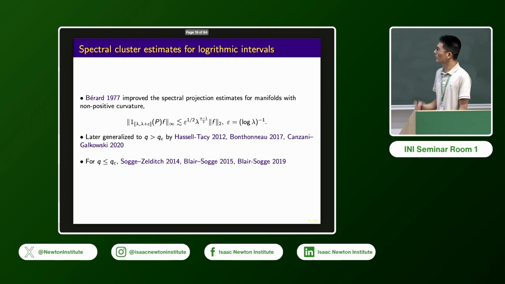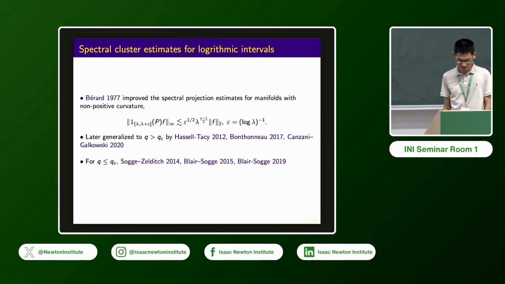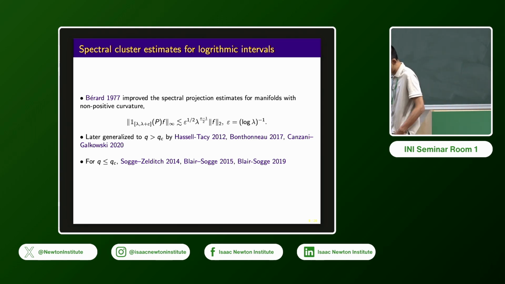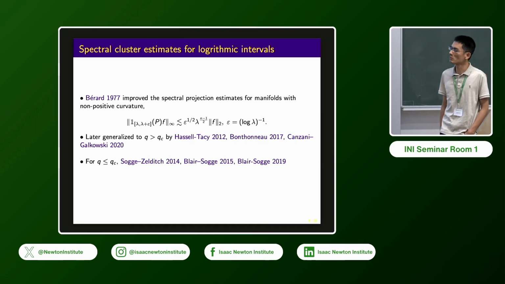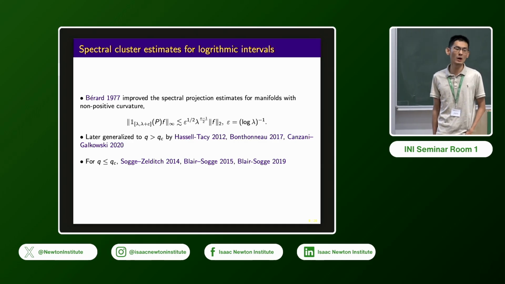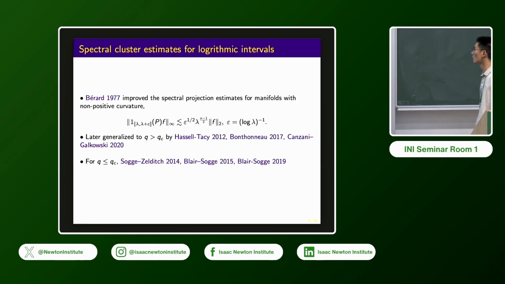And there is also the story about q less than the critical exponent. In earlier work, Sogge and Zelditch considered, I think, two dimensions and obtained some L^4 norm estimates with an improvement of little o compared with big O of lambda to the power.